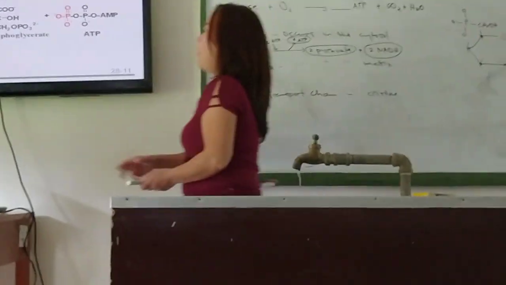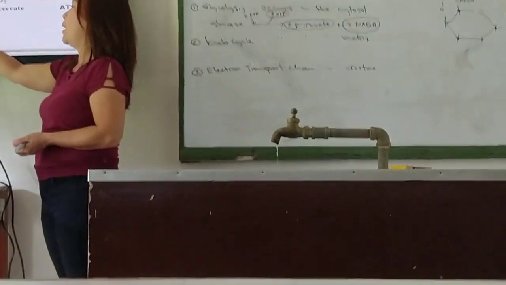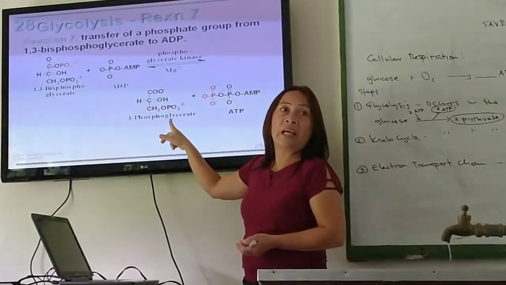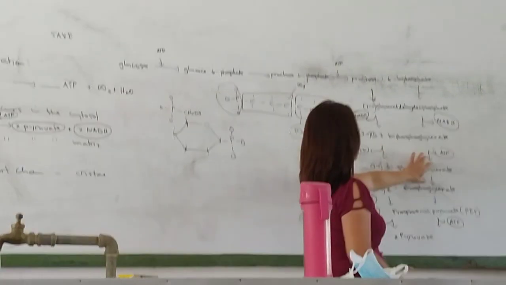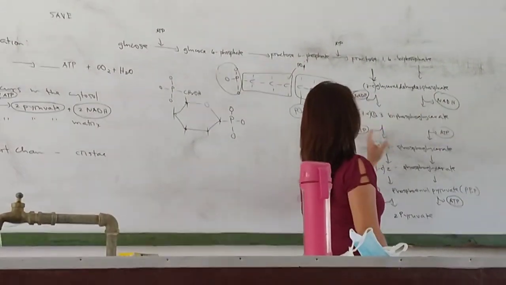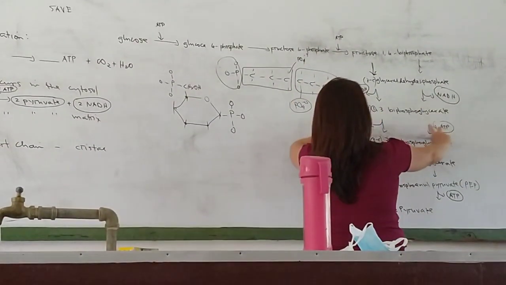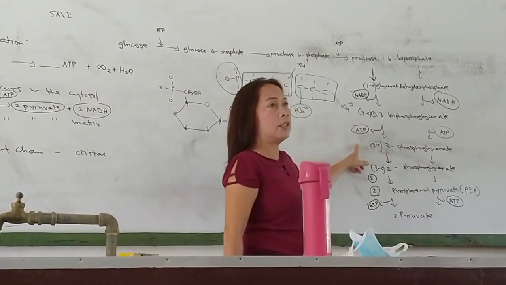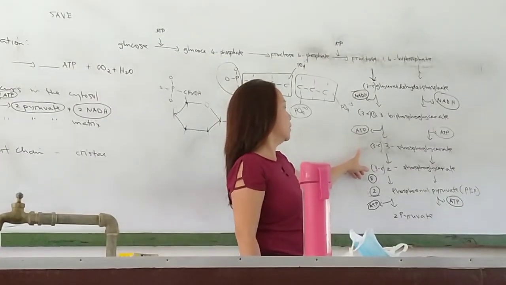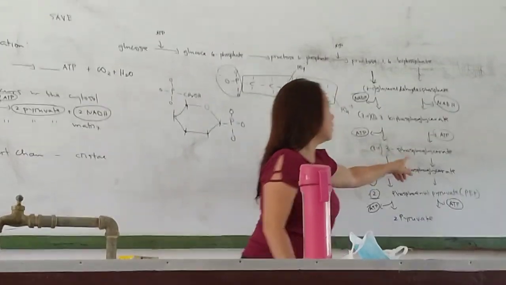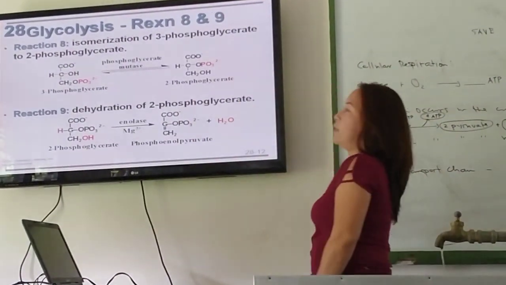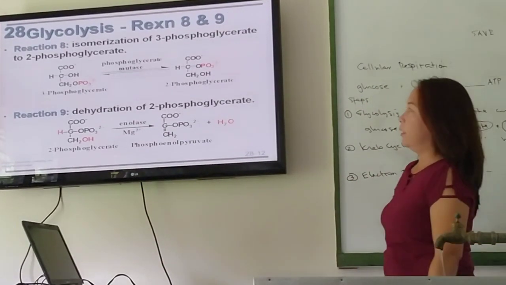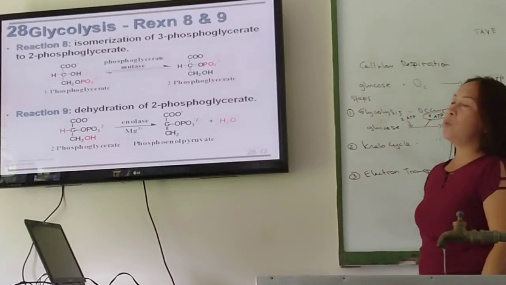Okay. So 1,3-bisphosphoglycerate becomes 3-phosphoglycerate. But of course, how many ATPs were released? Two, because there are 2 molecules of this 1,3-bisphosphoglycerate. So there are 2 molecules of ATP that will be formed. Now, the 3-phosphoglycerate undergoes isomerization again, by phosphoglycerate mutase.